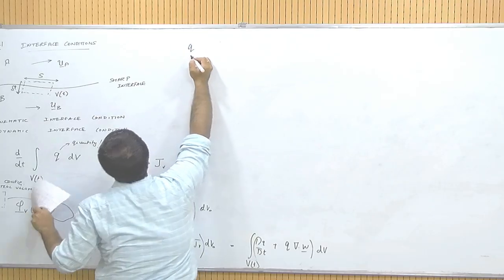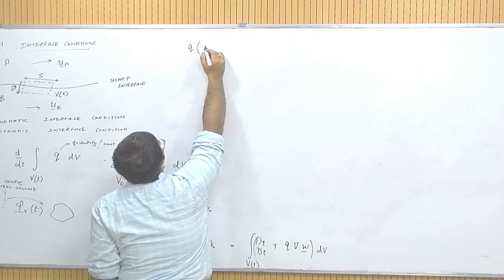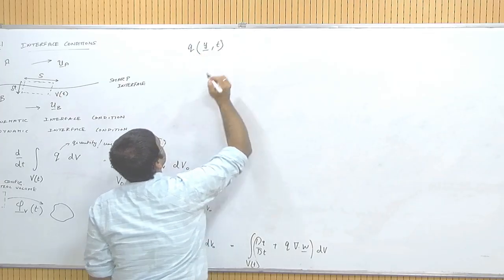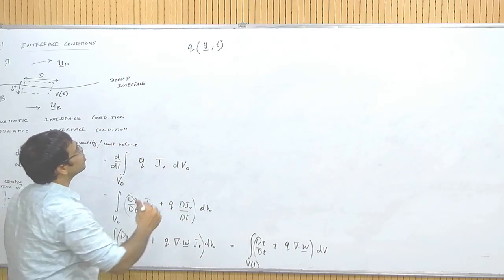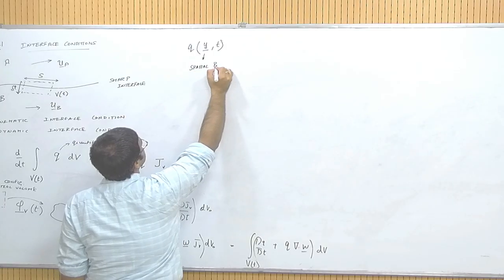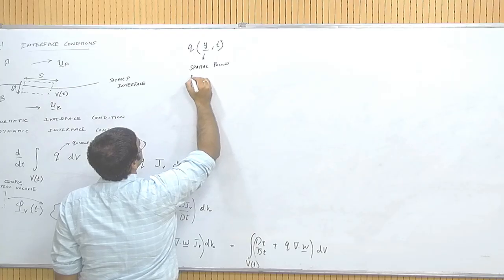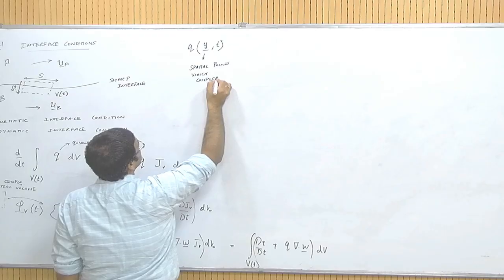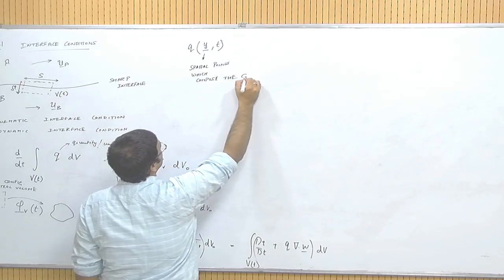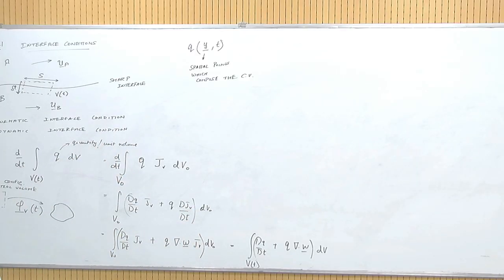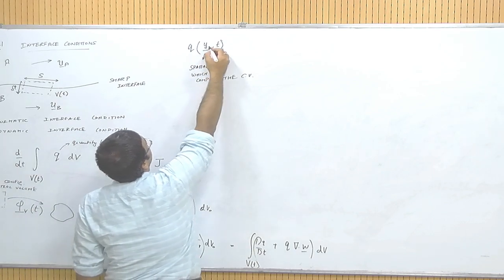So q as a quantity is now a function of, let us call these points y vectors. These are spatial points which compose the control volume. They are not material points, they are not locations of fluid particles at some time t. These are spatial points which are functions of time.